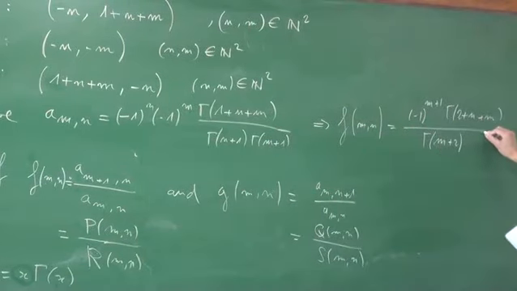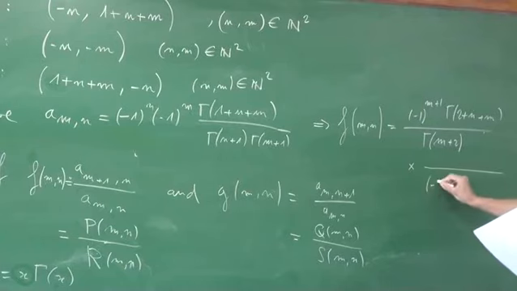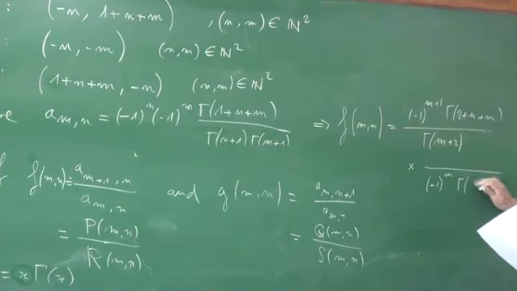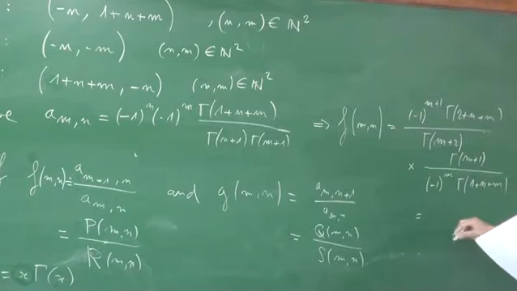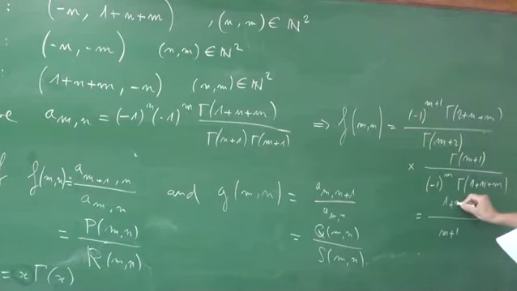Okay. Divided by this one, which is times (-1)^n times gamma of 1 plus m plus n. And here we have gamma of m plus 1. Therefore, it is equal to this with this m plus 1. This with this gives 1 plus m plus n, okay?